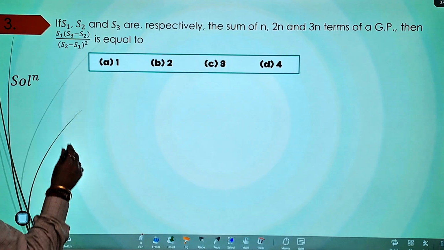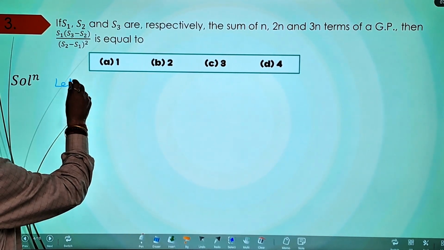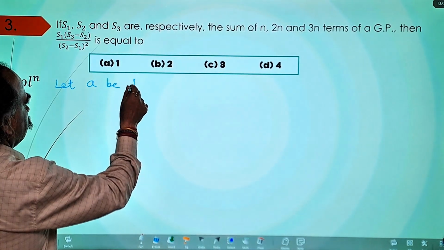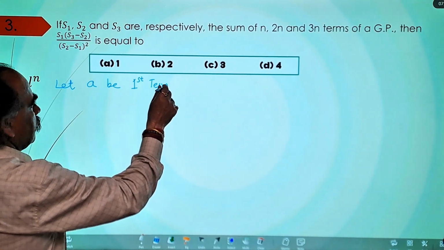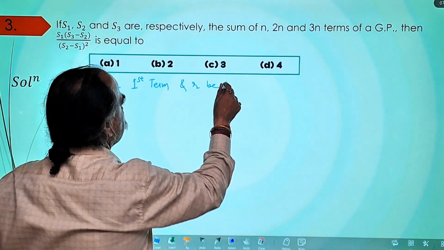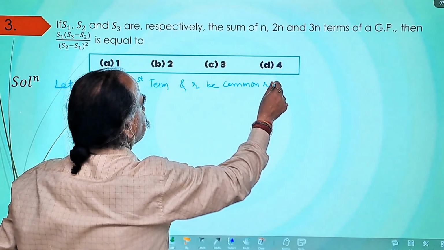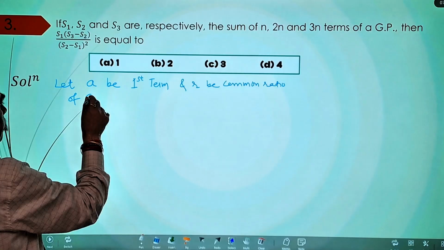Let A be the first term and R be the common ratio of the GP.